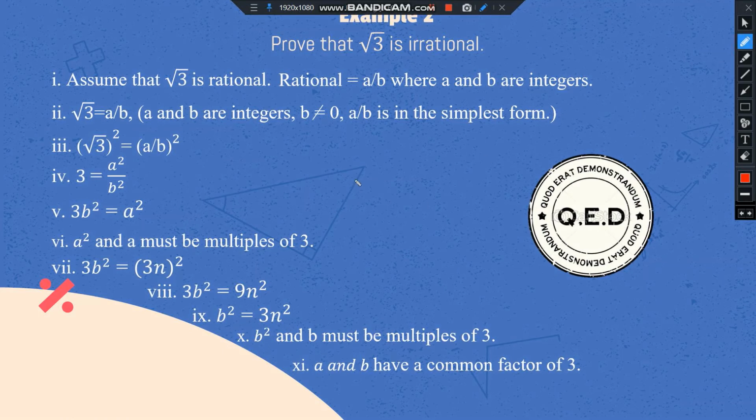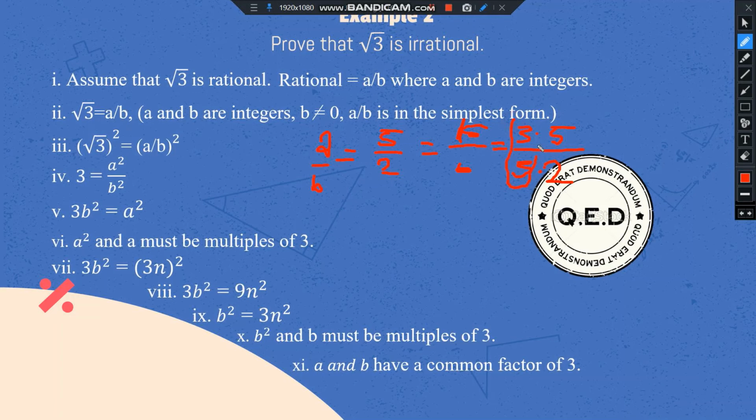And what I mean by that is, when we have a over b, and if we assume, for example, that it equals 5 over 2, that means it's in its simplest form. But if we write it as 15 over 6, both of them have a common factor, which is 3, so we can write it like this: 3 times 5 over 3 times 2.